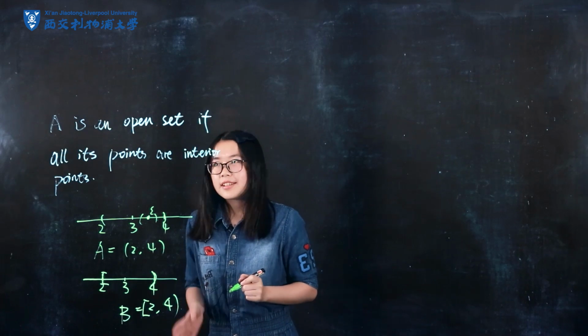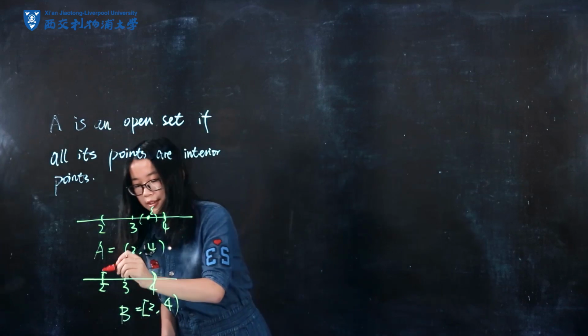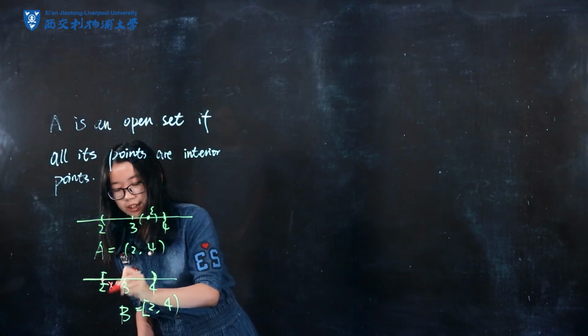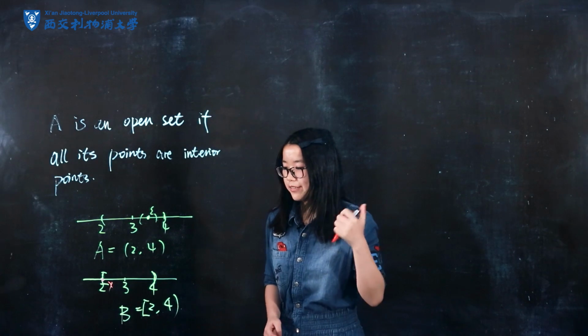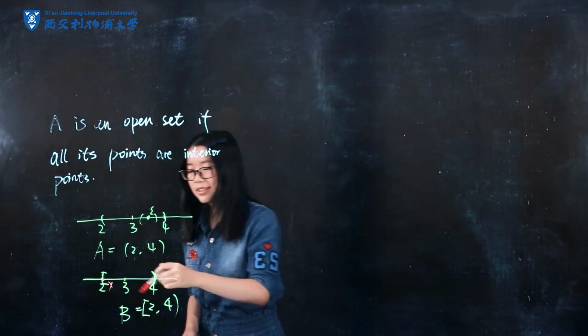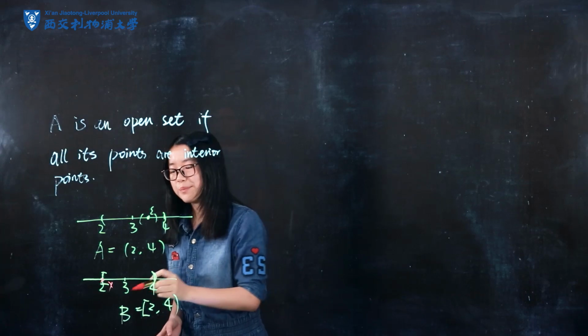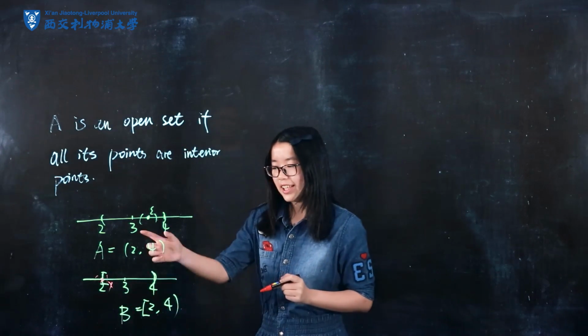Then B is not an open set, because you can find a point here that is not an interior point. Like the case before, you cannot find some epsilon such that the small set is contained in the set B.